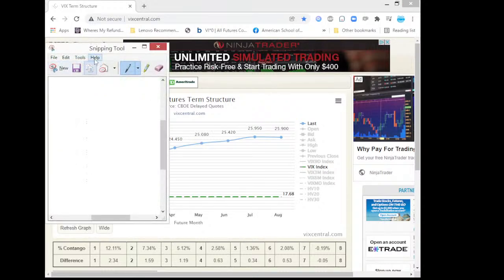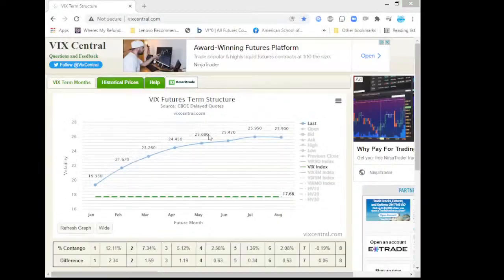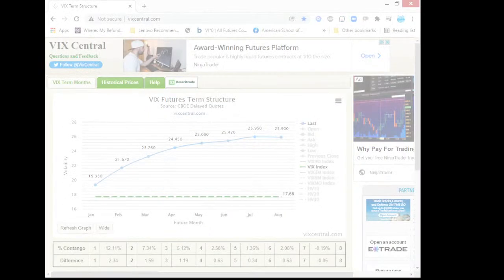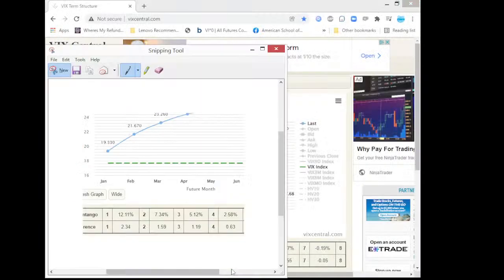So let's see if I can illustrate this graphically here. So over time, these futures here are just slowly falling down towards the actual VIX price.